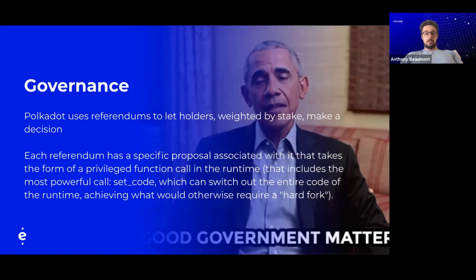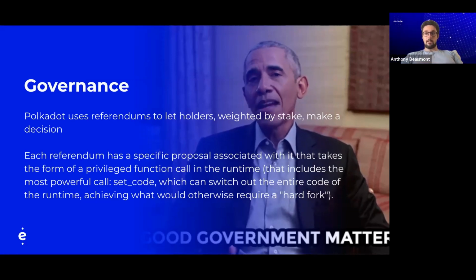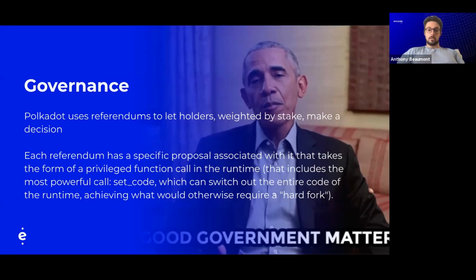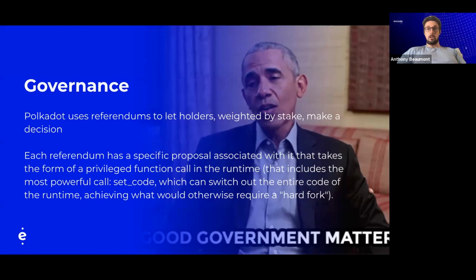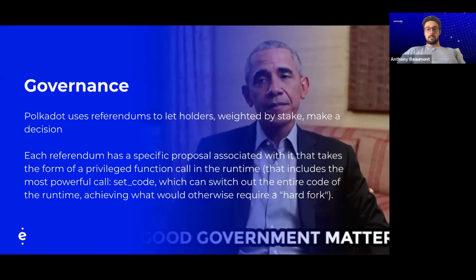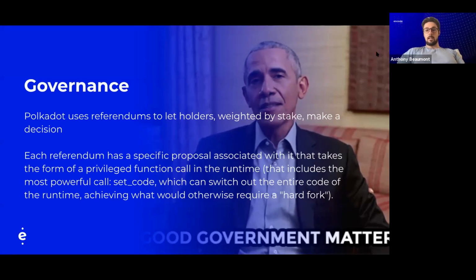As we've seen with things like Ethereum, it's kind of hard to do, and you sometimes get things like Ethereum Classic, which are complete forks of the code, because people don't agree on the new code base. So I think that's quite a cool thing to do, and it all runs based on referendums, based on how much DOT you have, and anyone can participate in these.